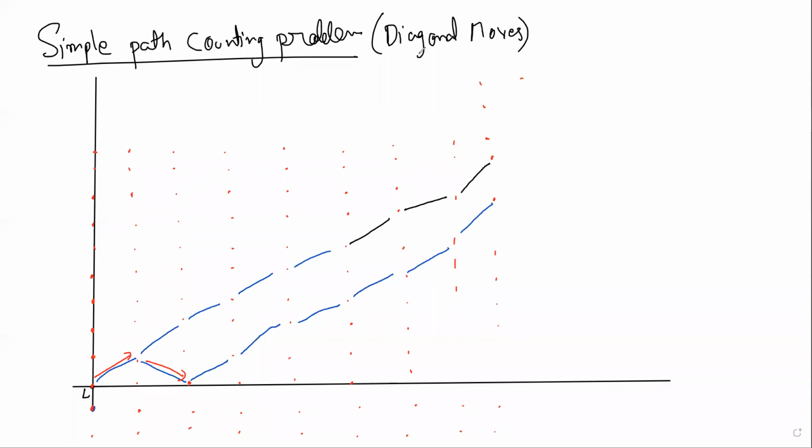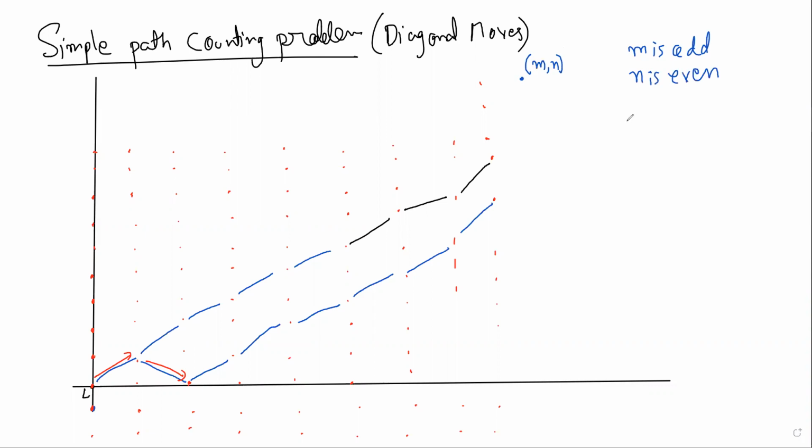We're using diagonal moves and we want to reach a place. This is slightly abstract, so try to understand it. You can take a number and try, but you want to reach m comma n, where m is odd and n is even.